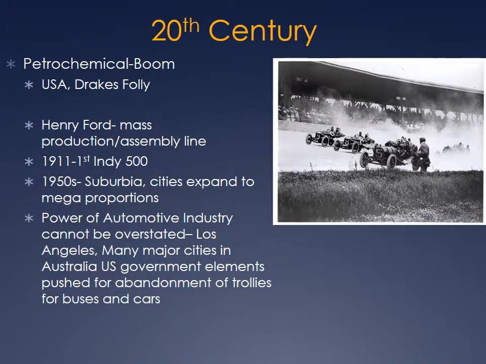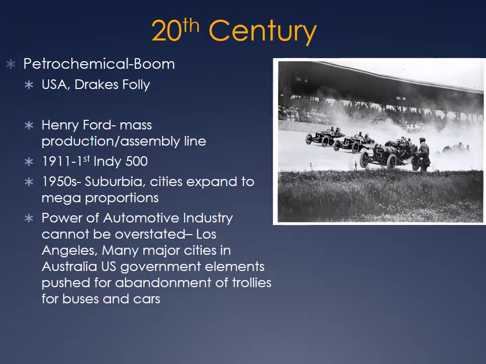In places like Los Angeles, the automotive industry played a fundamental role in helping them to abandon mass transit, what would be a cleaner mass transit, in favor of internal combustion engine-based transit. These were very significant developments, and they've led to issues of air quality throughout the globe.